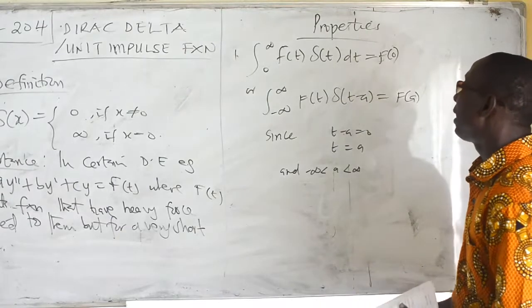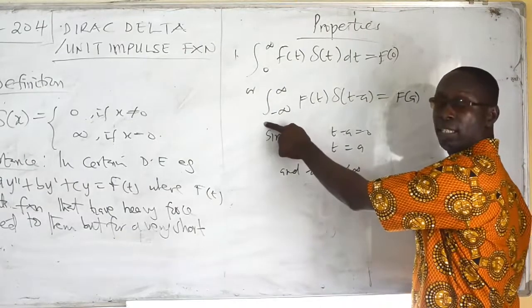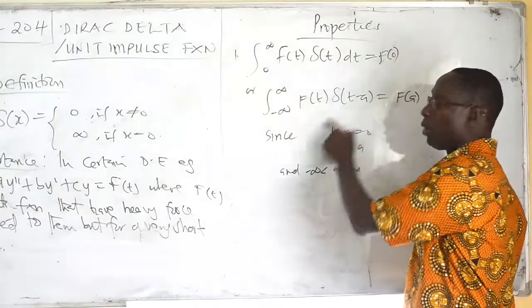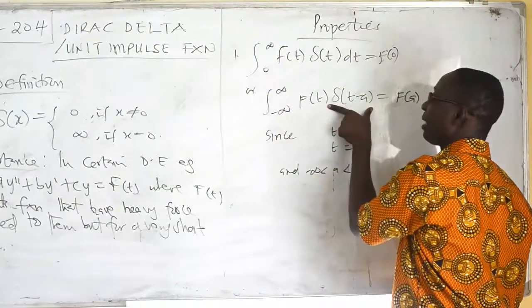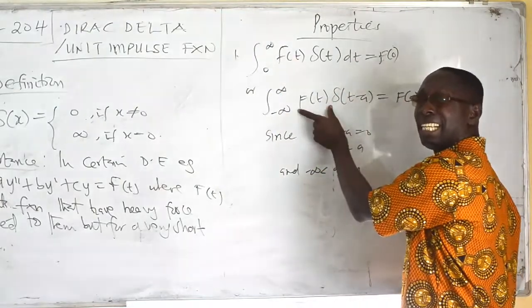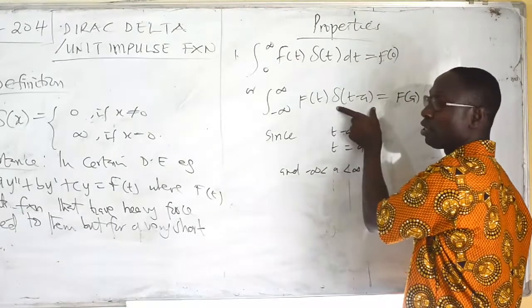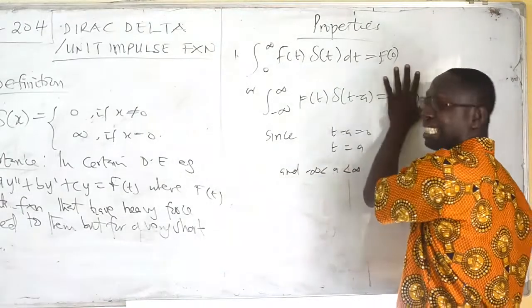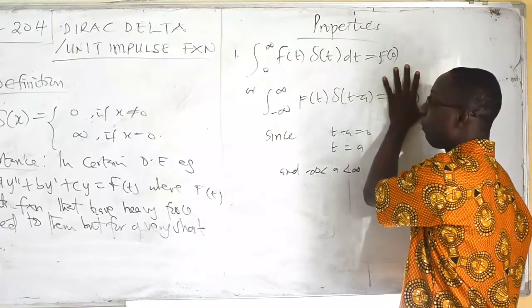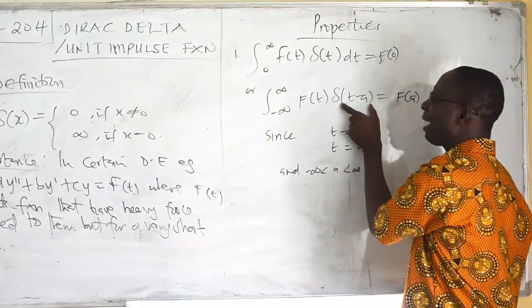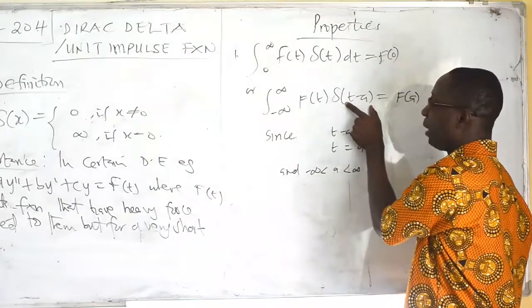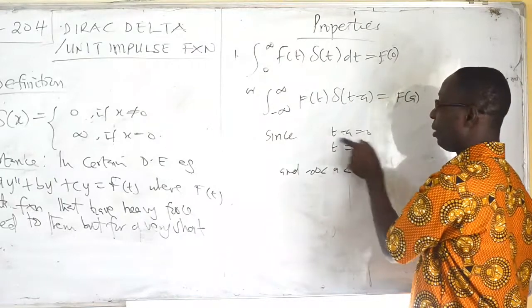Anytime you are integrating a Dirac Delta function, but there is a function of t at the back of the Dirac Delta function, how would you get this answer? First of all, equate the Dirac Delta function's argument to 0.